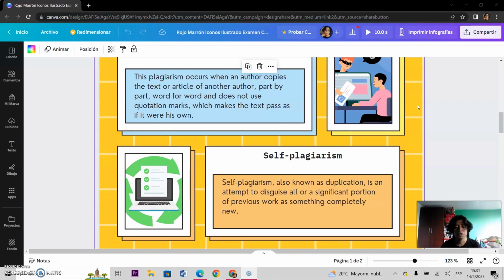As a result, the student may commit a dishonest act and be subject to academic disciplinary action. For this reason, when working on a text, it is imperative to sufficiently cite the author to avoid the text being considered plagiarism.